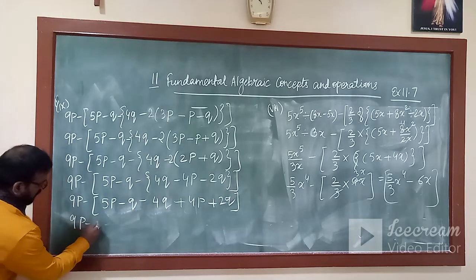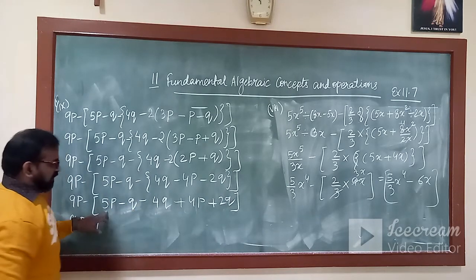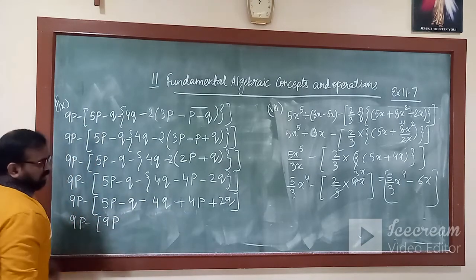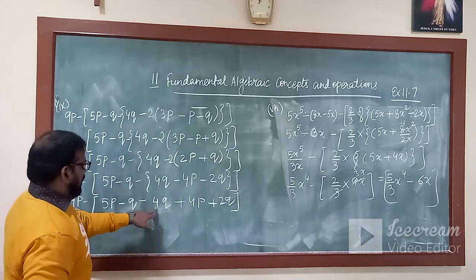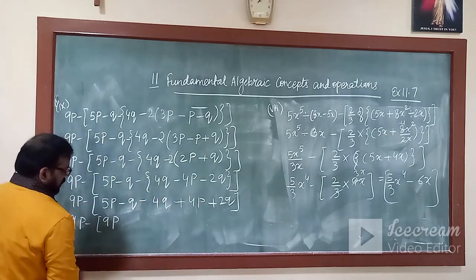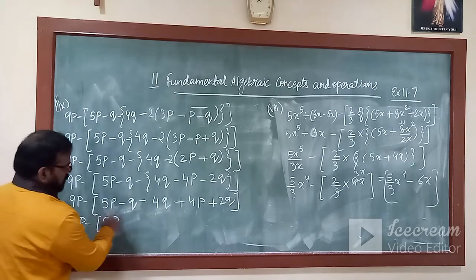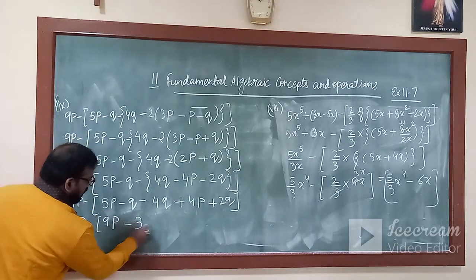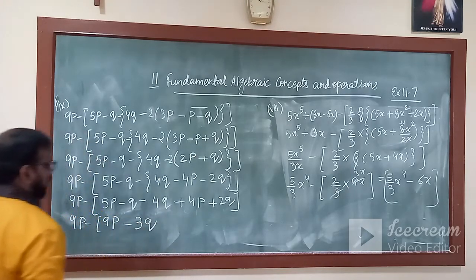So let's solve this one. 5 plus 4 will give you 9p, then minus q minus 5q plus 2q. It will give you minus 5q plus 2q will give you minus 3q.